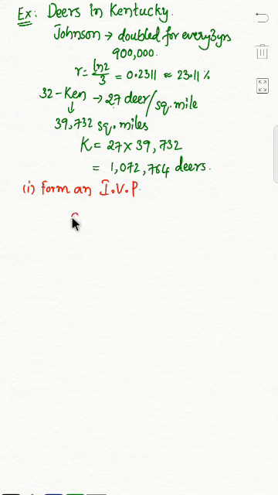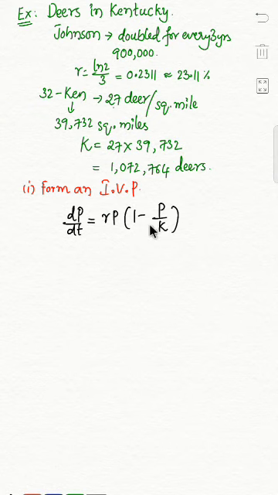Previously we've seen that dp by dt is rp into (1 minus p by k). We substitute these values and p naught is given, then we form the initial value problem here.